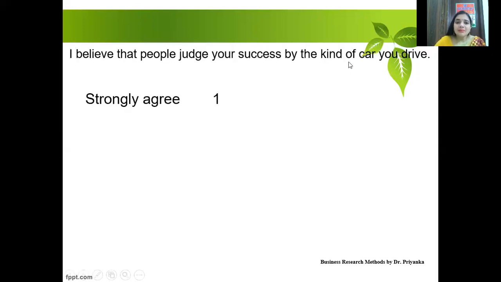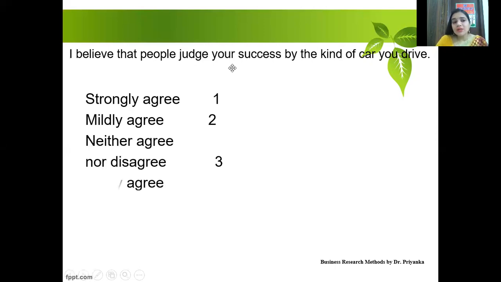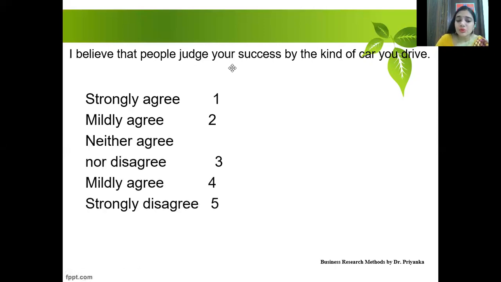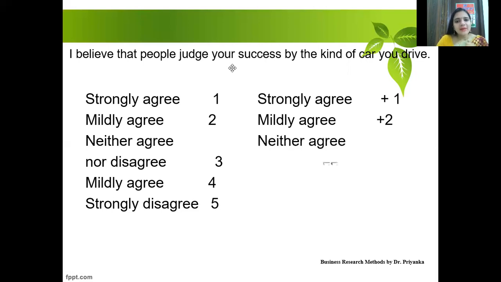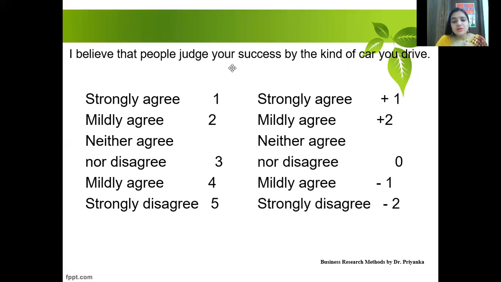One more example: I believe that people judge your success by the kind of car you drive. And this can be strongly agree, mildly agree, neither agree nor disagree, mildly disagree, and strongly disagree. It can be coded in these two ways. This is again the contradictory one, like we have just discussed in the last slide.